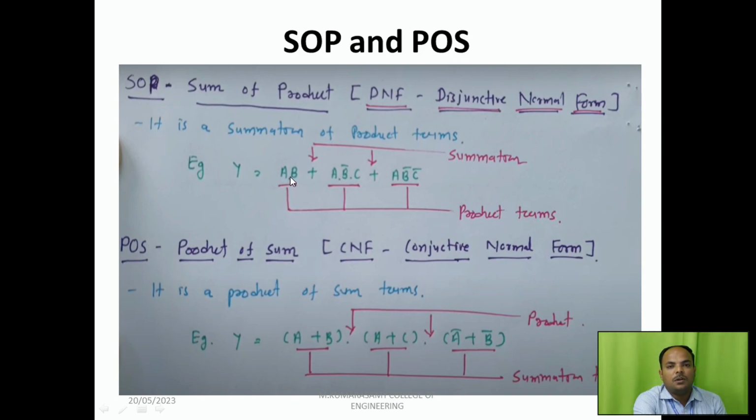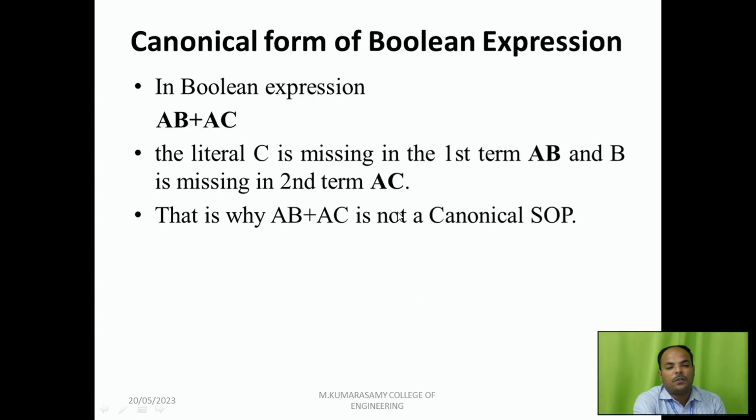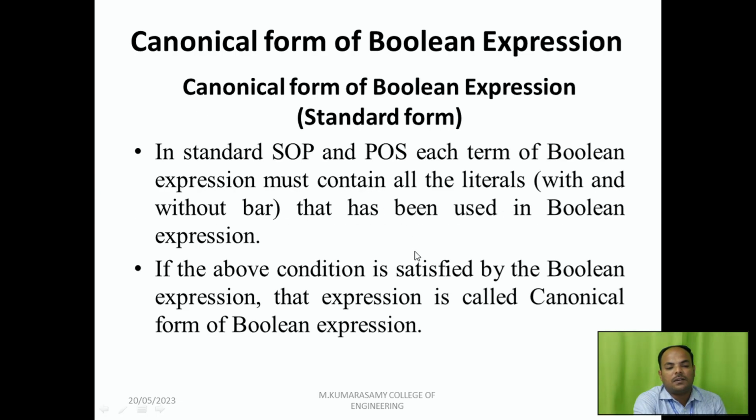There is no finding of missing literals; this is the minimized expression for both POS and SOP. But if you want to convert SOP to standard or canonical SOP, or POS to standard or canonical POS, we follow the steps. When the condition is satisfied, that is, all the literals are present in each term, it is considered the canonical form.